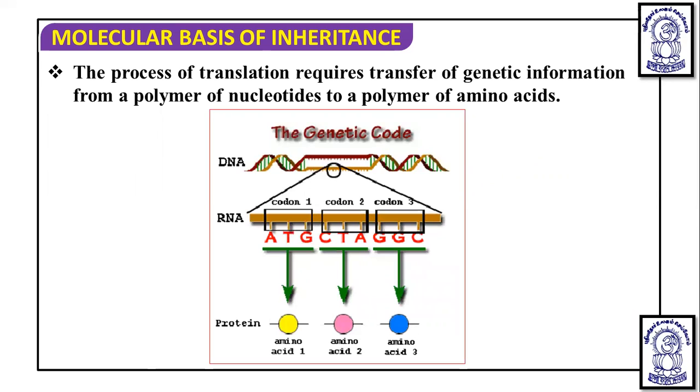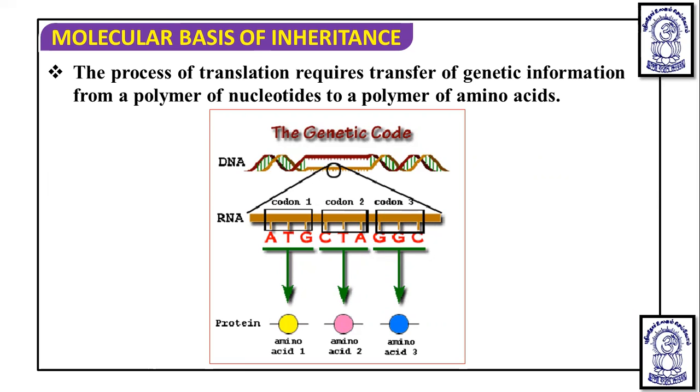We know that DNA or RNA carries all the genetic information, and it is expressed in the form of proteins, which are made up of 20 different types of amino acids. Now the information about the number and sequence of amino acids forming a protein is present in DNA and is passed on to the mRNA during transcription.